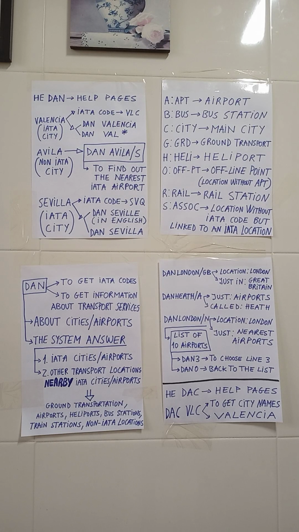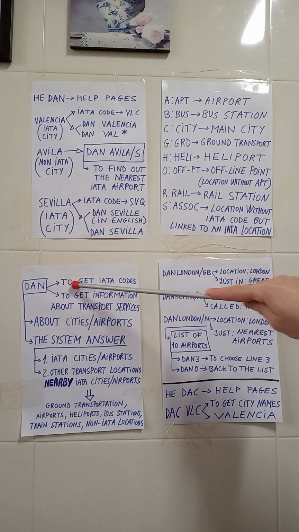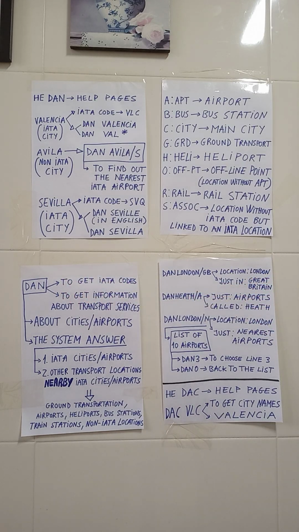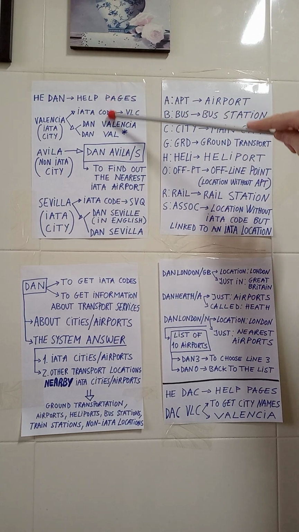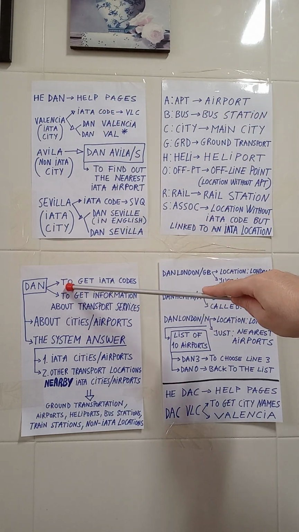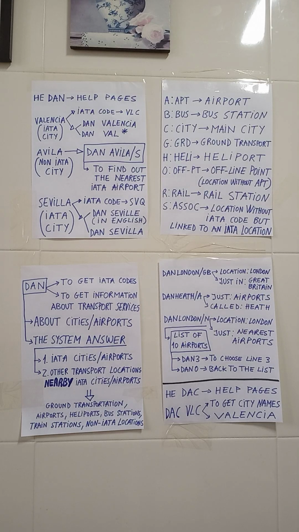I start with the two main uses, 1 and 2, okay? One utility is to get IATA codes, by writing examples like the ones explained on the previous page, okay? These examples refer to this line, okay?